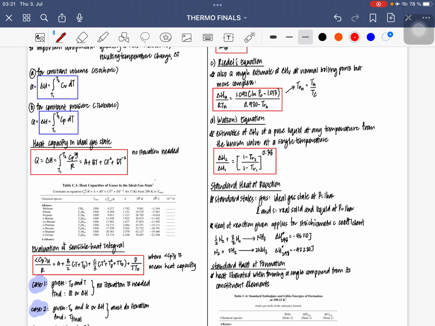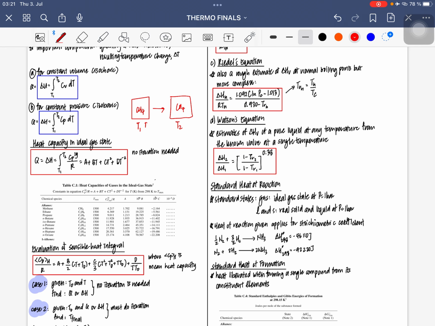when we have a system, let's say you have a box here, and you have methane, right? At first it has temperature of T1, and then as you heat it up, you have T2, CH4.